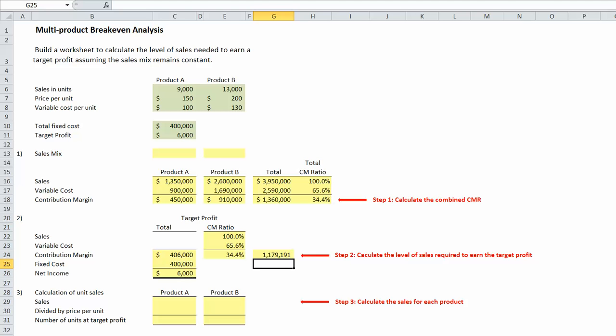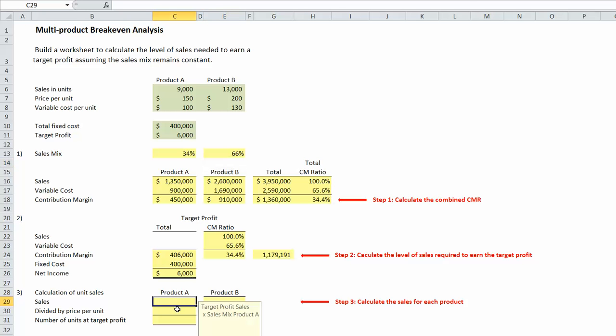Again, our underlying assumption is our sales mix remains constant. So let's go ahead and figure out our sales mix right now. We take our current sales of product A of 1,350,000 and divide it by our total sales of 3.9 million. Currently, product A accounts for 34% of our sales, and product B accounts for 66% of our sales.